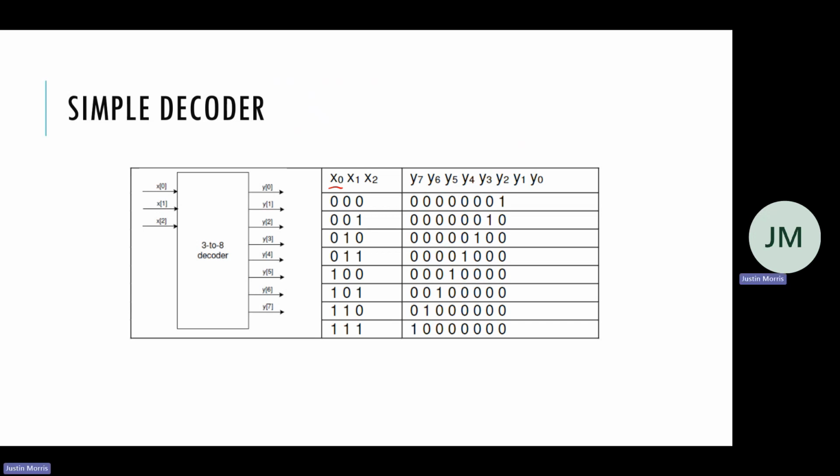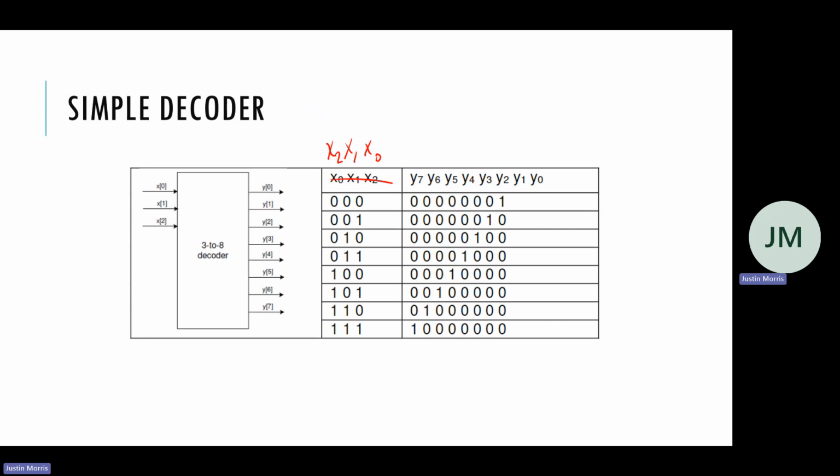It's not simple for us to implement this decoder if that is the case. Okay, X2, X1, X0. Makes it simpler for you because now you can use the equations from the previous slides on decoders.